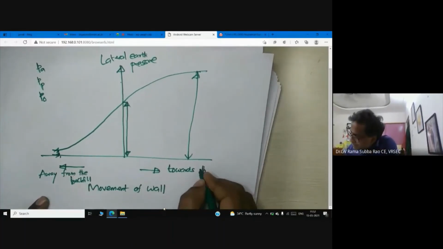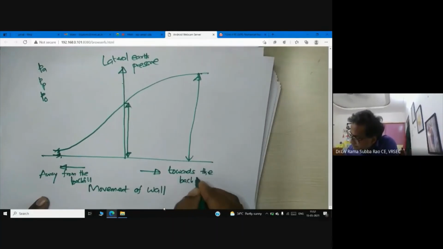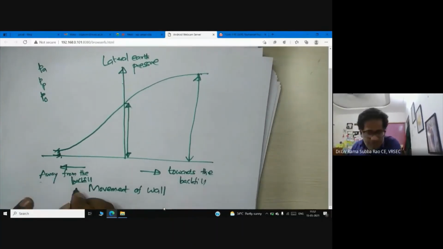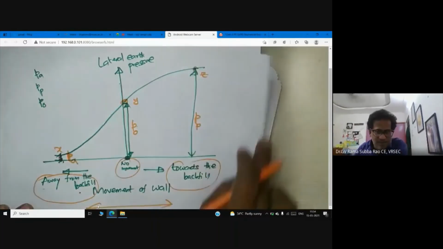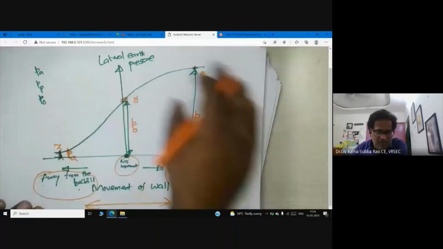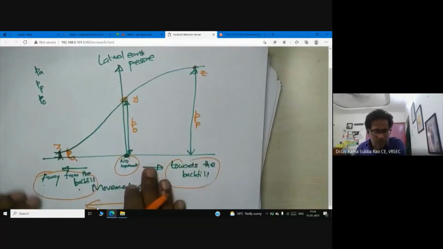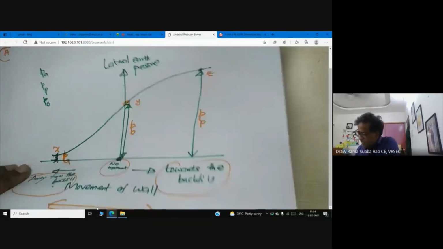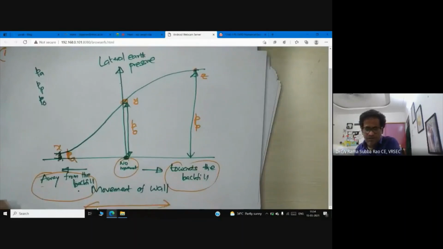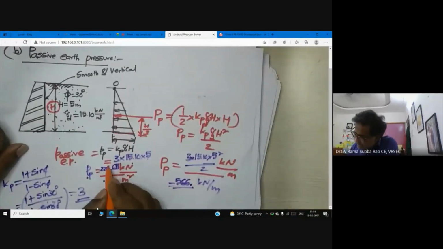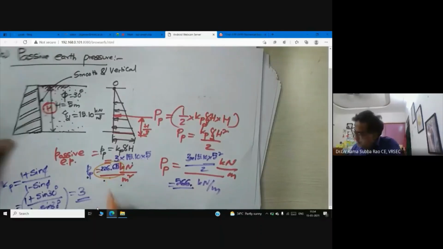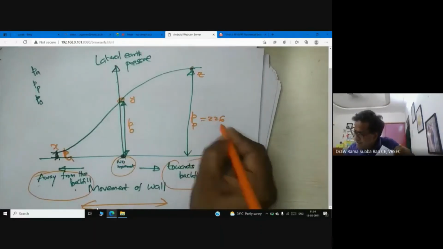Towards the backfill, moving away from the backfill, and there is no movement of the wall. This single sheet is showing the entire information. If you want to understand this, see here, I have my values. Passive earth pressure is 226 kilopascal.